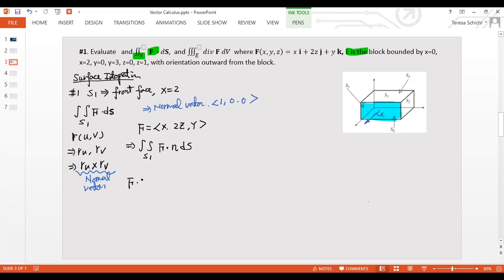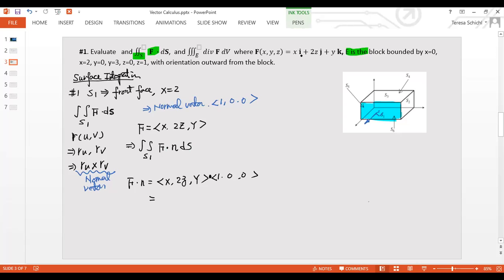F dot n is (x, 2z, y) dot (1, 0, 0). Sorry, this is F of x, y, z.